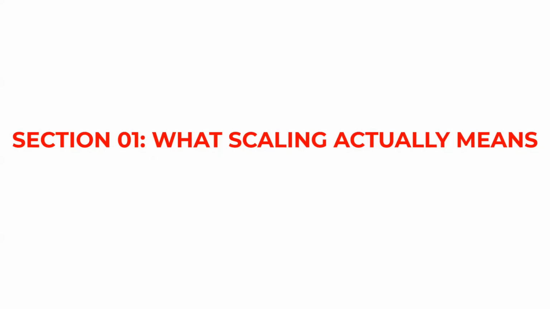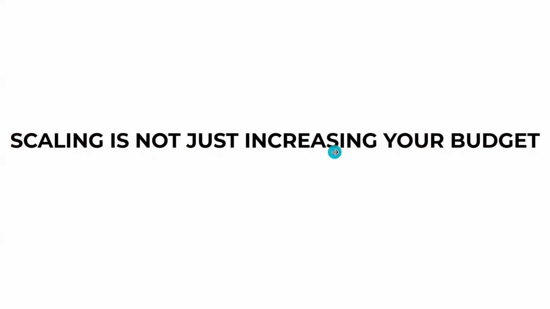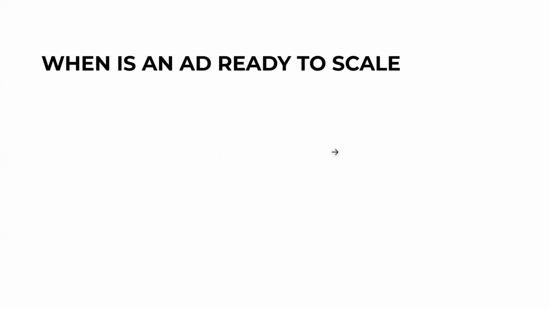Of course, the amount you are spending is not going to be the same, because you are increasing your budget. So you are going to be reaching more people, and because you are reaching more people, you now have the opportunity to get more results. Okay. So scaling is not just about increasing your budget.